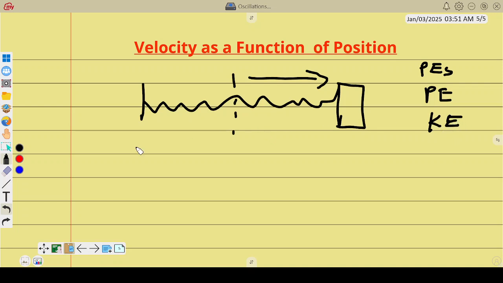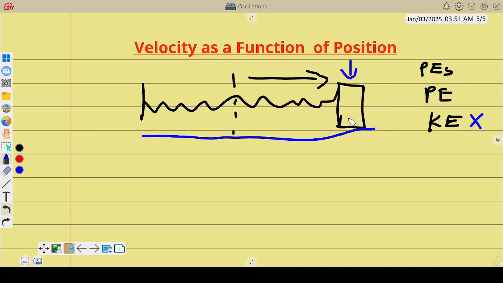When the box is at this point, it's not moving, so it doesn't have kinetic energy. And it is on a frictionless surface, a surface that doesn't have friction, ideally.